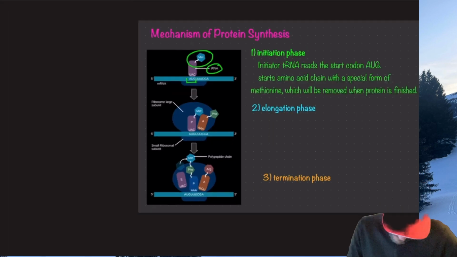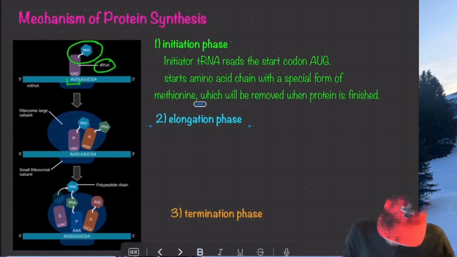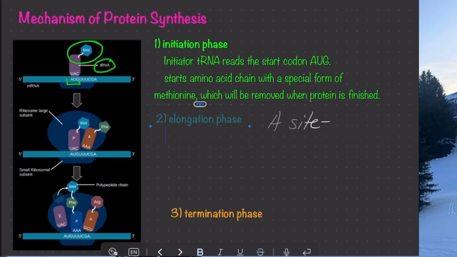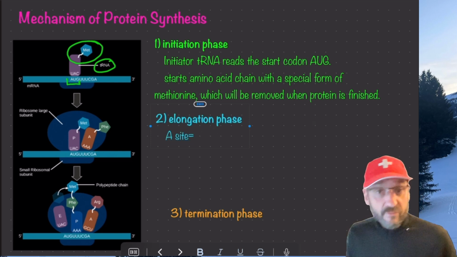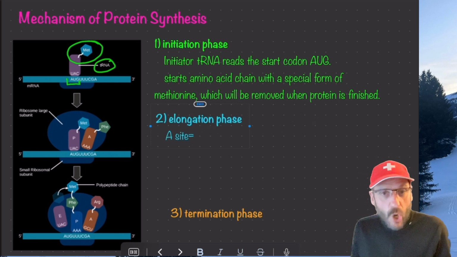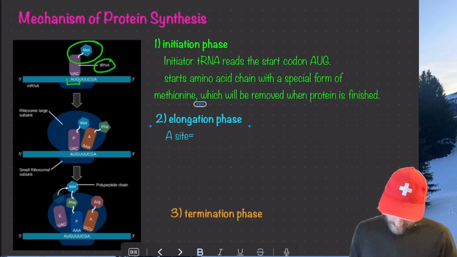All right, so let's write that down. The A site is where the amino acid charged tRNA enters.